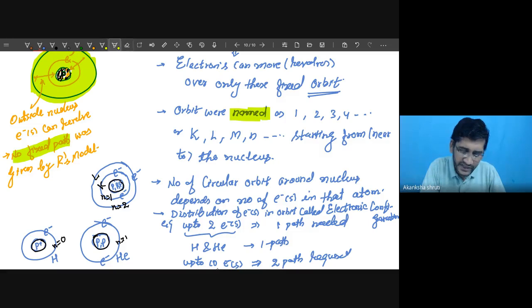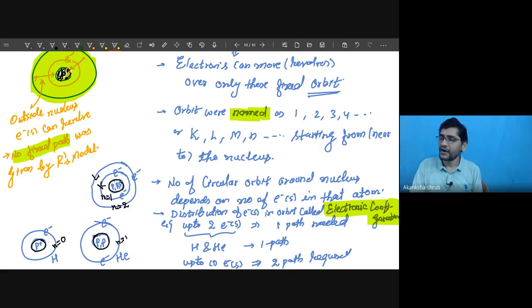With this electronic configuration, all the unanswered questions were answered.